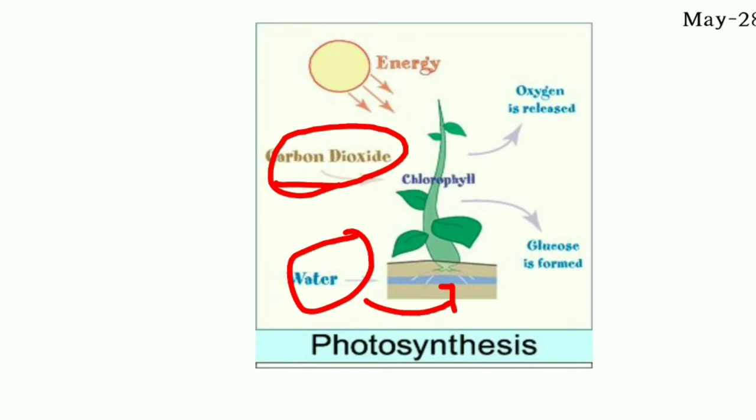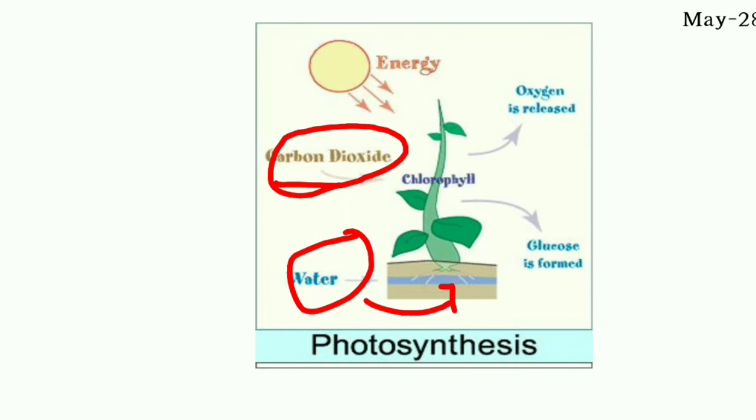We all know the roots absorb the water, and with the help of the stem it is conducted to all parts of the plant, including the food factory, that is the leaves. The sunlight is already present. In the daytime they can perform photosynthesis because the energy from the sun reaches the plant.